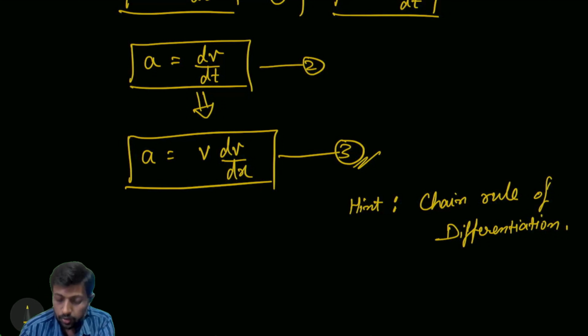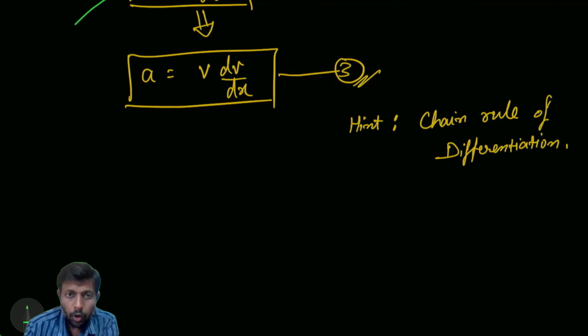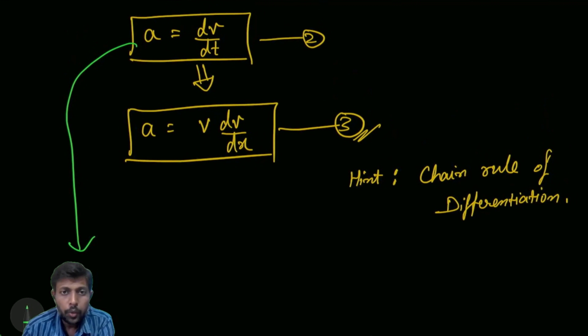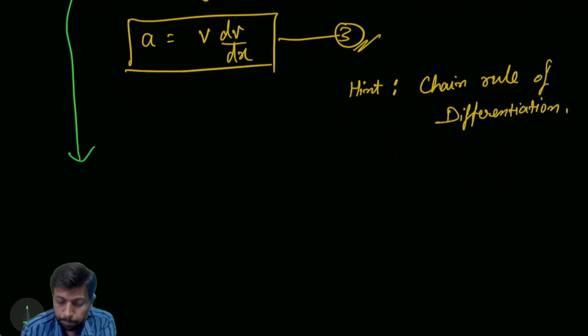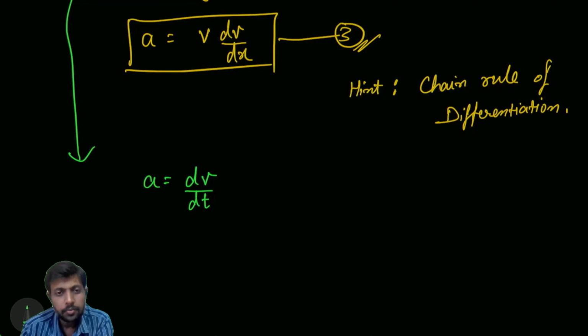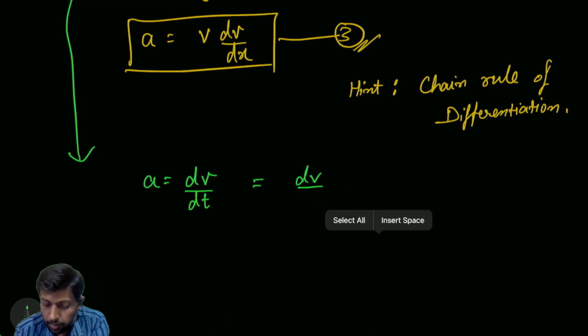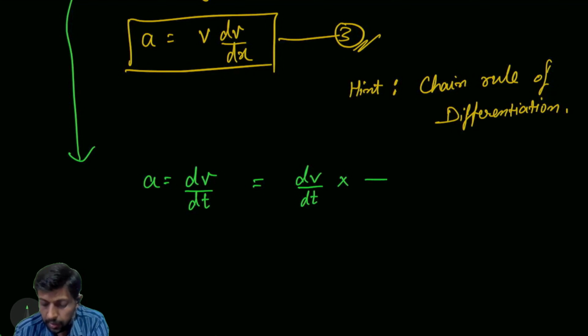You can try it out. So we already know from equation 2 that acceleration is given by dv upon dt. So what I'll do is I'll multiply dv by dt and divide it by the same quantity. It won't make any difference, right? If I multiply it by dx and divide it by dx.